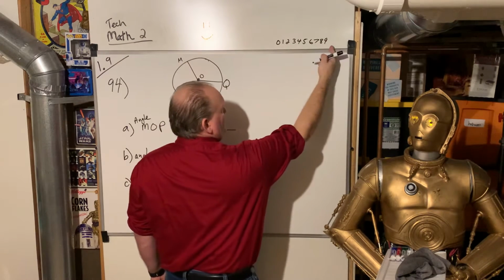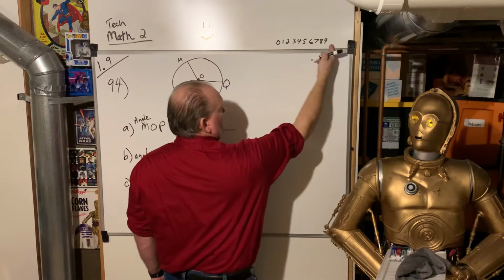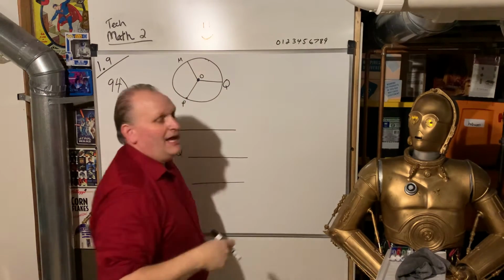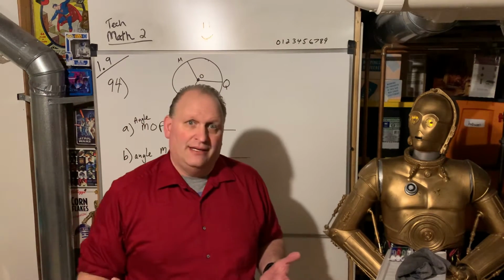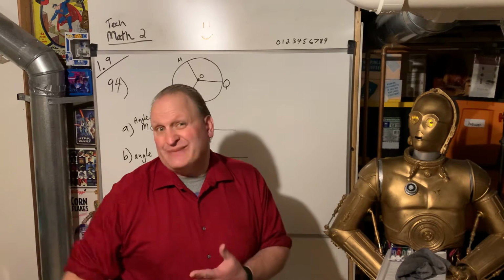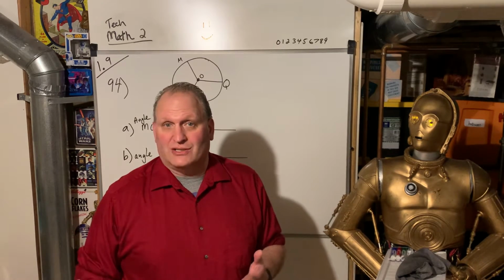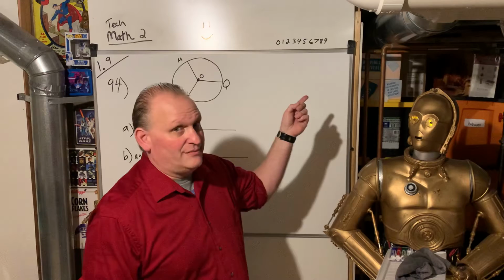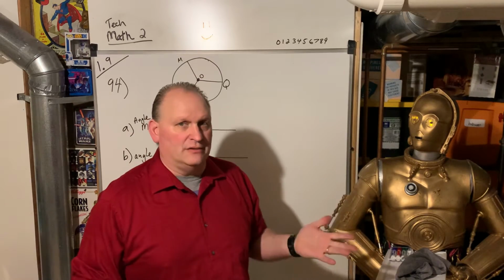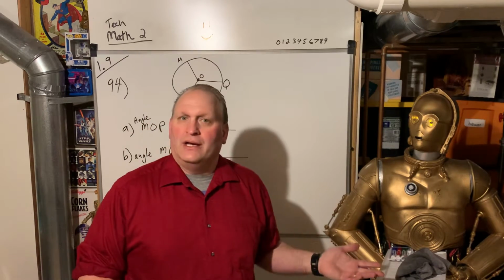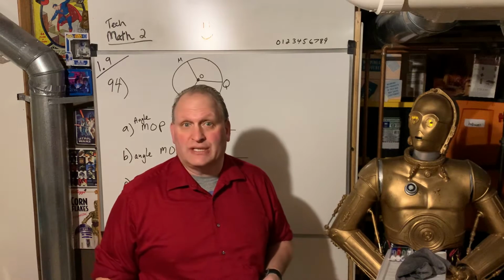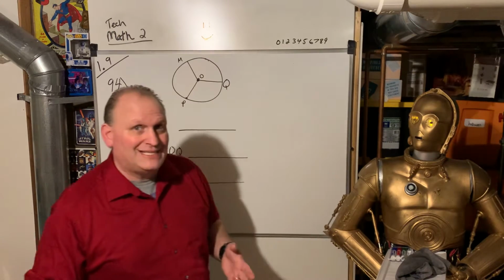That is 10 distinct symbols. There's 1 through 9 and then 0, that's 10. So base 10 means that's how many symbols you have before repetition. So the next number in our system is 10, which is a 1 and a 0, and then 11, which is a 1 and a 1. And so we start reusing those symbols again.